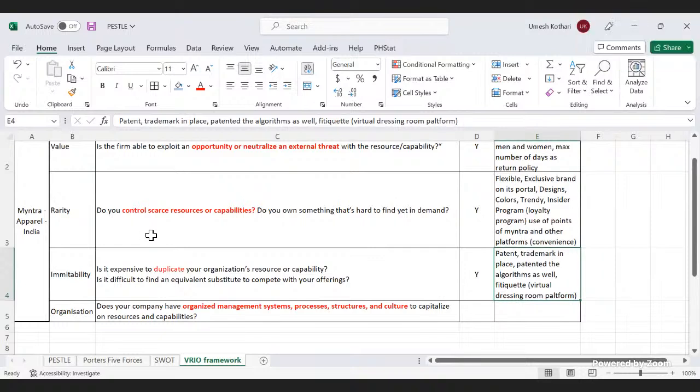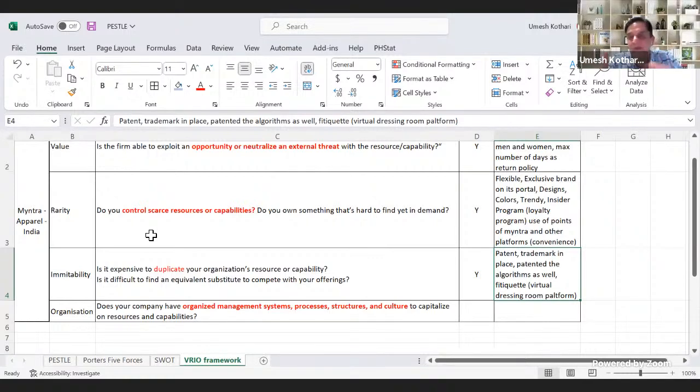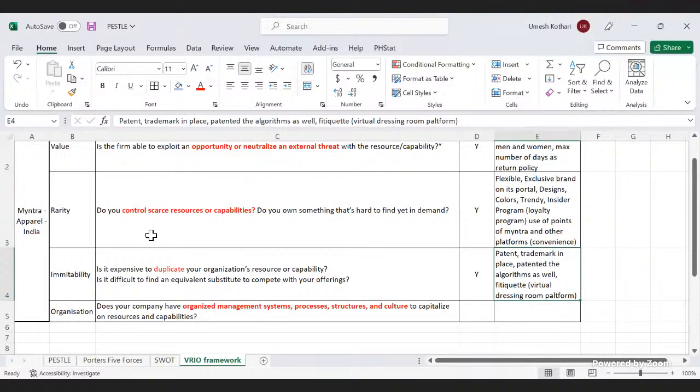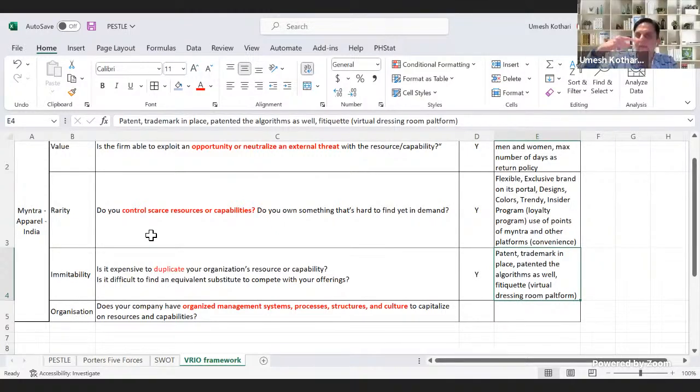If it has a higher market share, why is it difficult to imitate? Because it is patented. Okay, and therefore a high market share. So the outcome is that because they adopt this framework, they can maintain a higher market share.